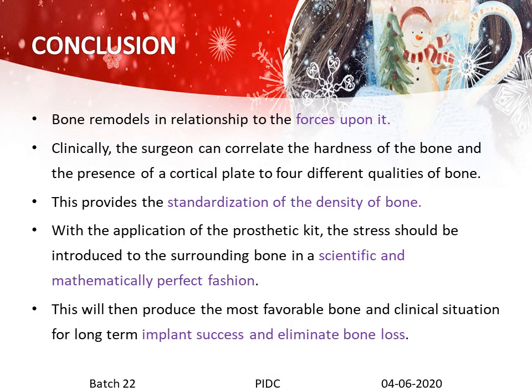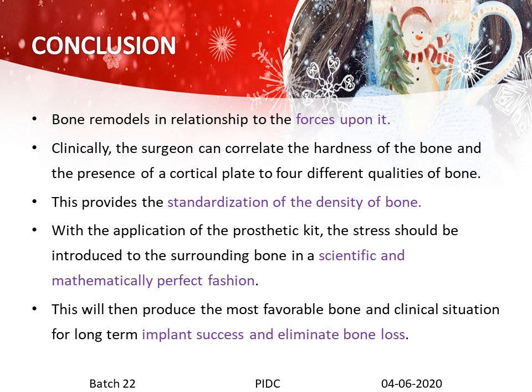So to conclude on this whole thing, I would say that bone remodels in relationship to the forces which act upon it. Clinically, the surgeon should correlate the hardness of the bone and the presence of the cortical plate to 4 different qualities of bone. This provides the standardization of the density of bone. With the application of the prosthetic load, the stress should be introduced to the surrounding bone in a scientific and mathematically perfect fashion.